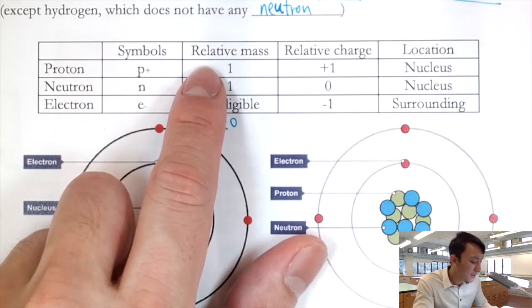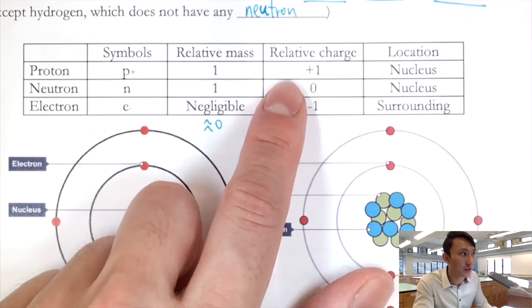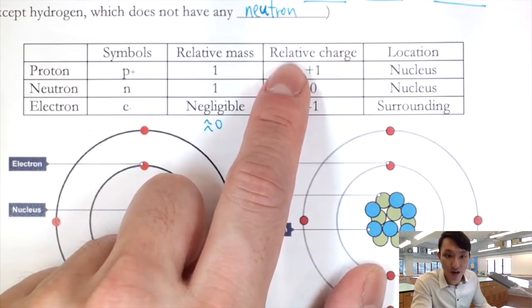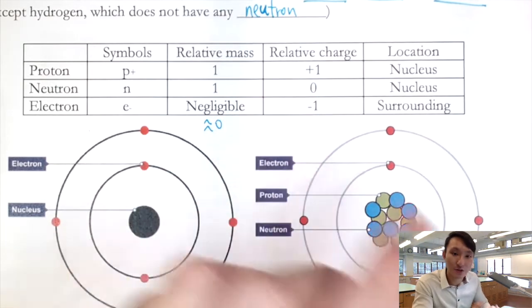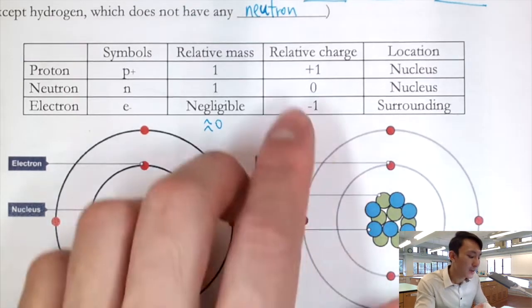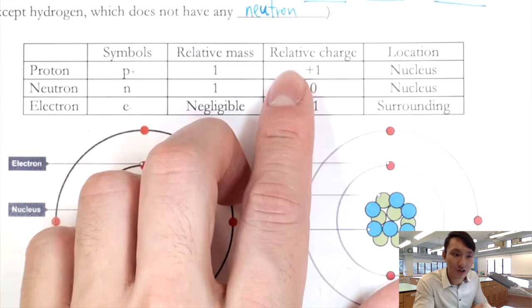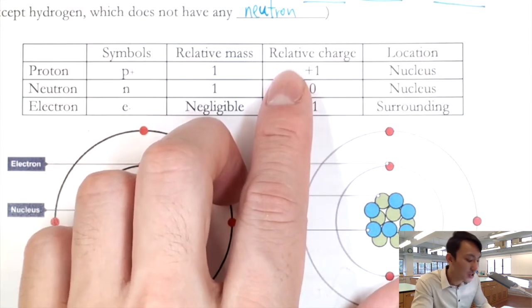Okay? Now, on the other hand, relative charge. I think you get the gist of the concept of relative. So again, proton, neutron, electron, they're so small. So when we talk about the actual charge, it's going to be very, very small. So instead of using the actual charge in terms of coulomb, coulomb is the unit of charge, we actually use relative charge.